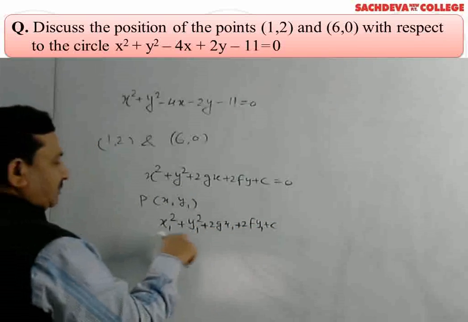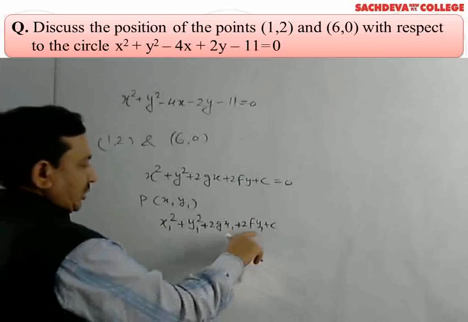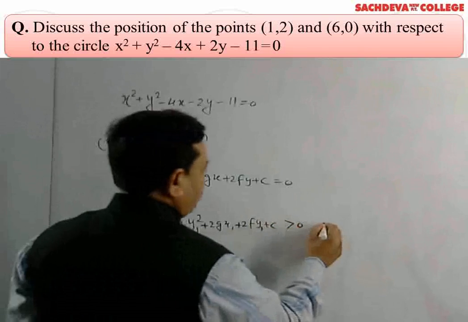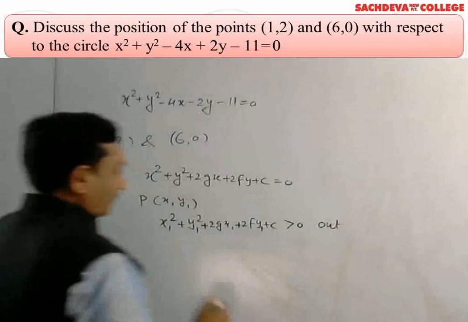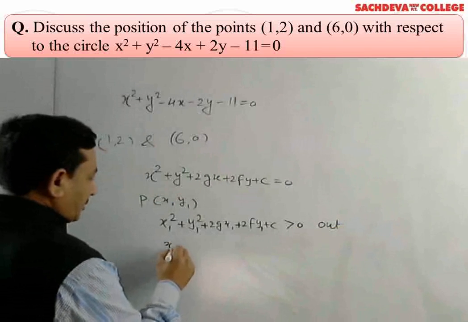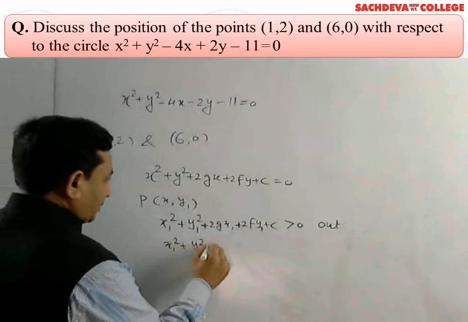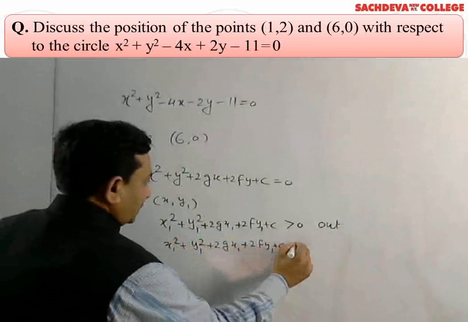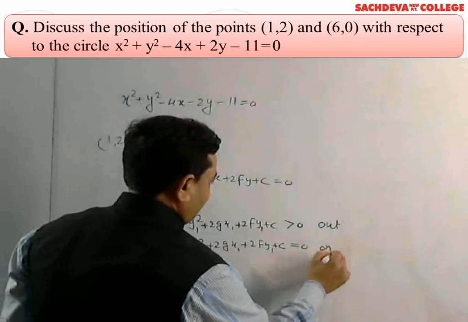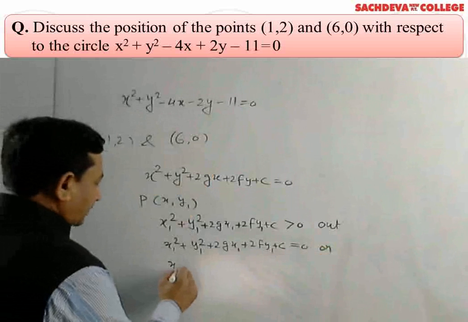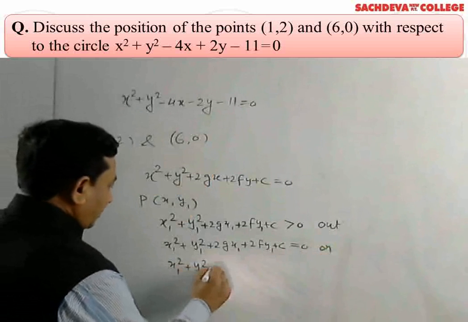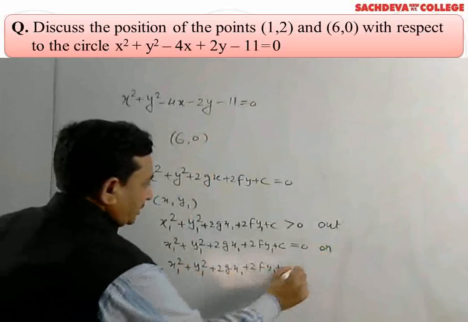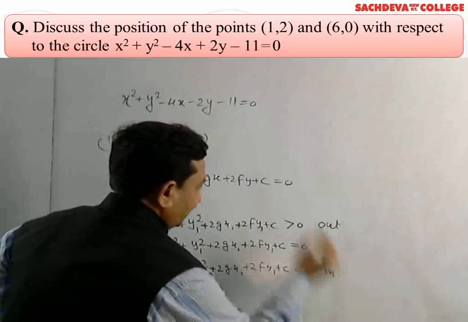If this is greater than 0, it means the point lies outside the circle. But if it is equal to 0, then the point lies on the circle. Or if it is less than 0, then the point lies inside the circle.